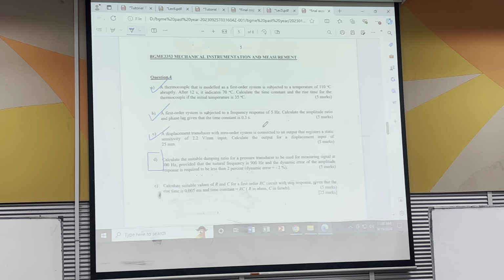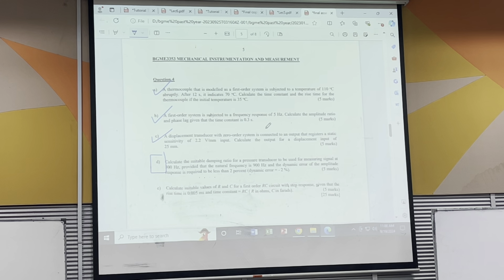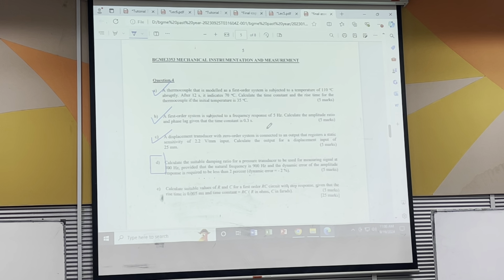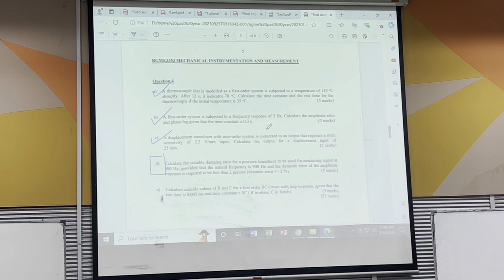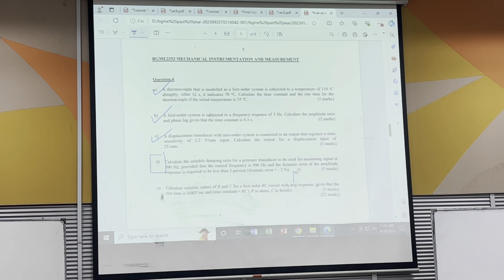I will share with you the working, but I want you to try and do it first, okay? So dynamic error equals negative 2%. What does this mean? You have to do something about it, right? Try and do it first before I share the solution. So this one actually means M equals to, I just need this term from you.